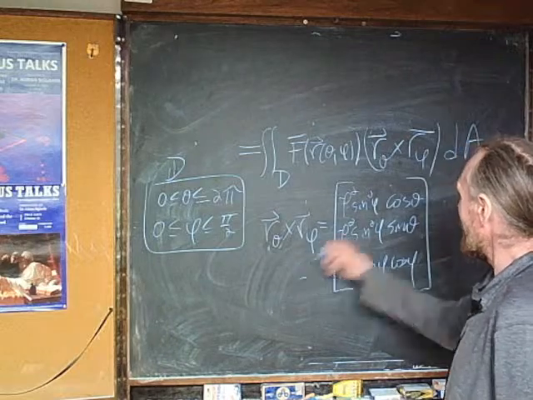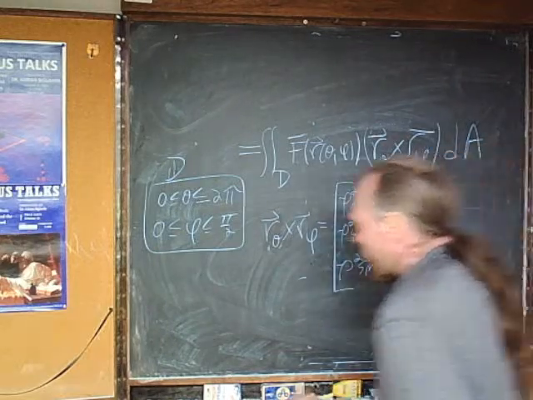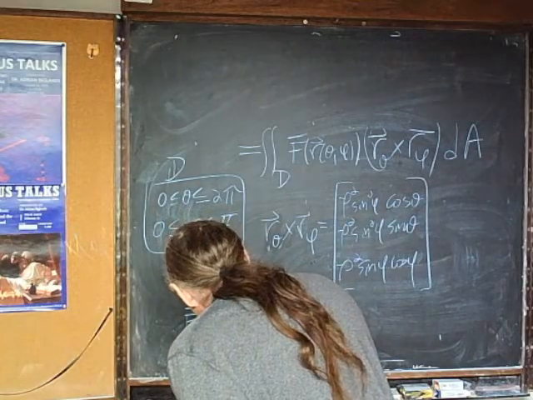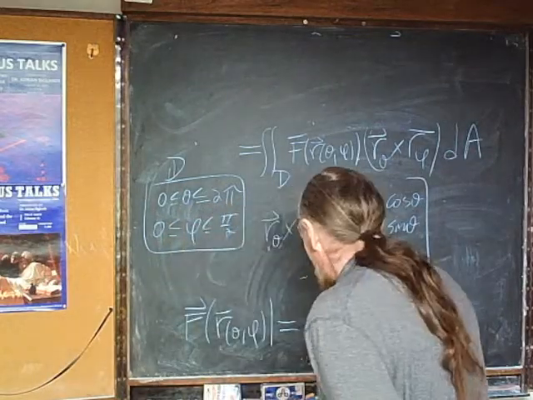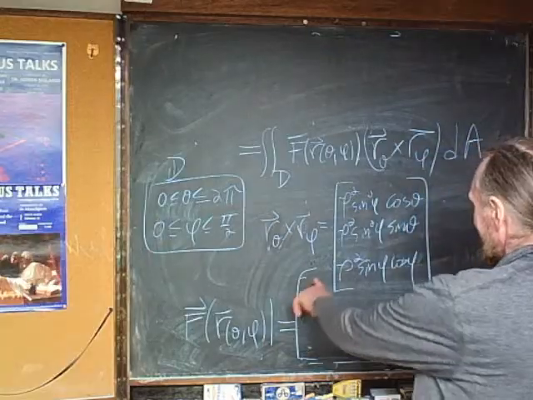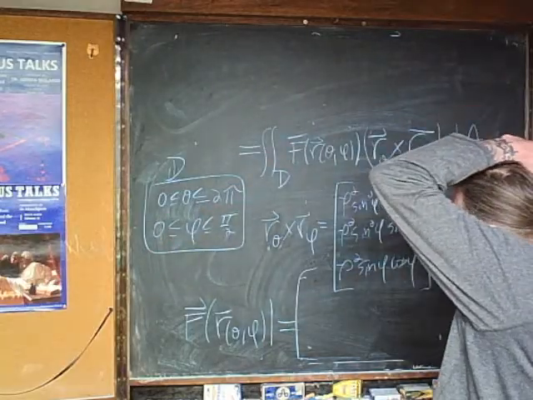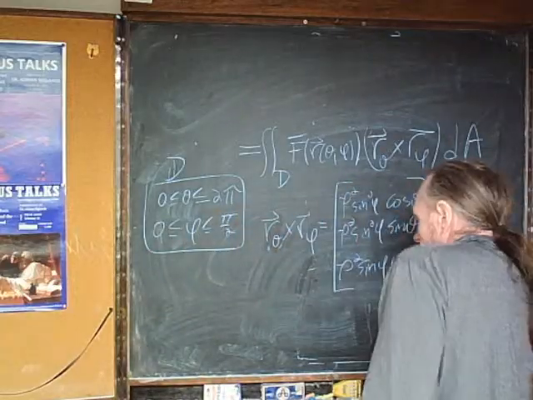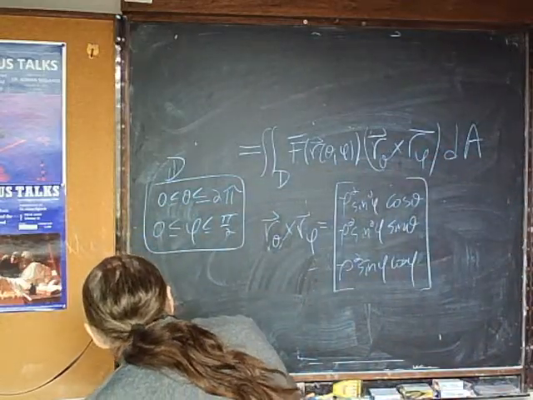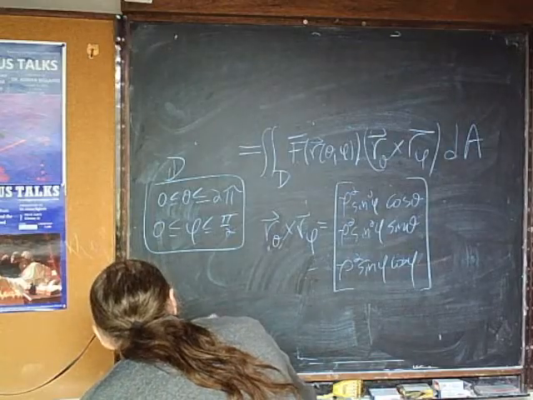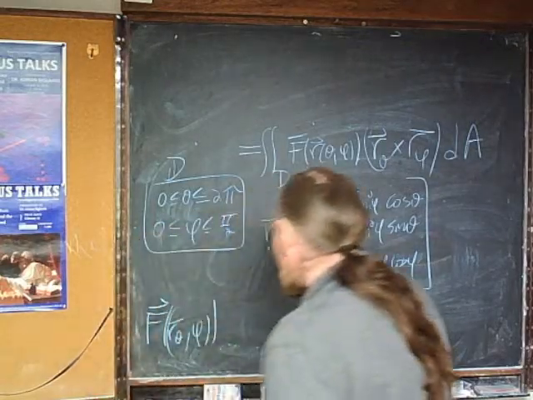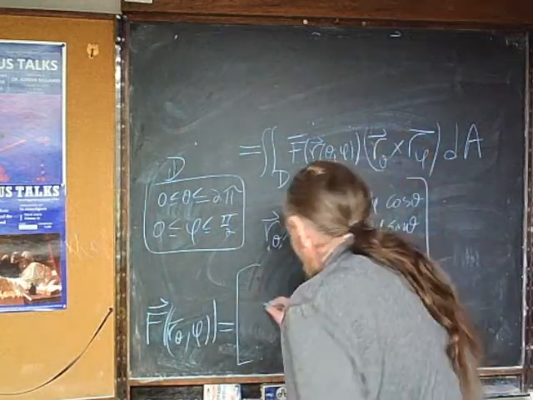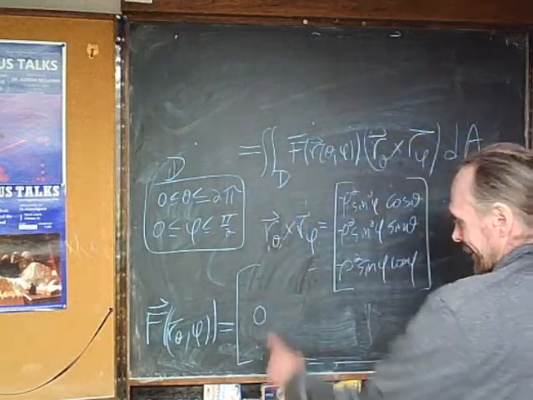So this is the cross product. Now I need my vector field. What is f of r of theta phi? What do they mean by that? Well, I have to take my vector field, which was x, so now what's x? Let's move it over again. F of r theta phi is going to be equal to x, and then I'll take a 0 any day, 0.